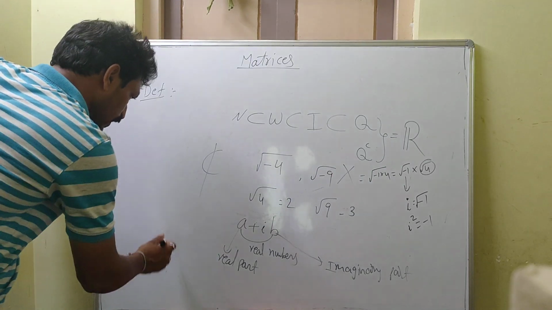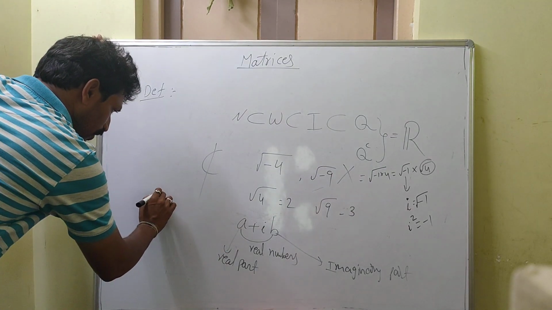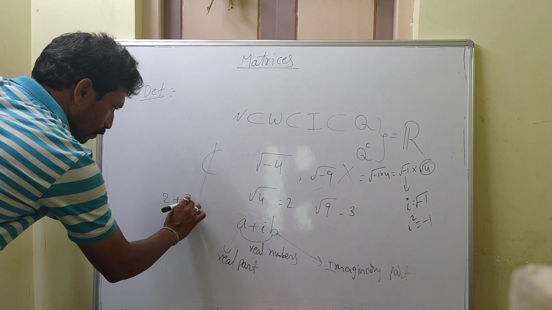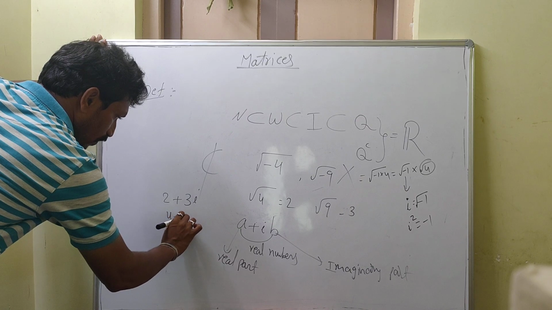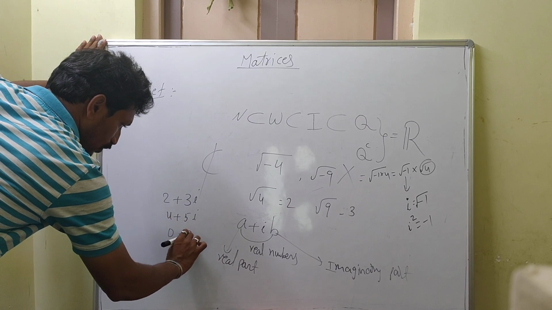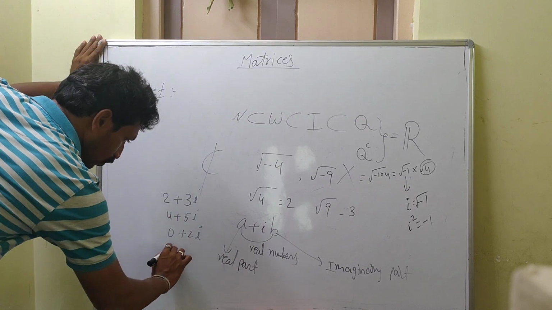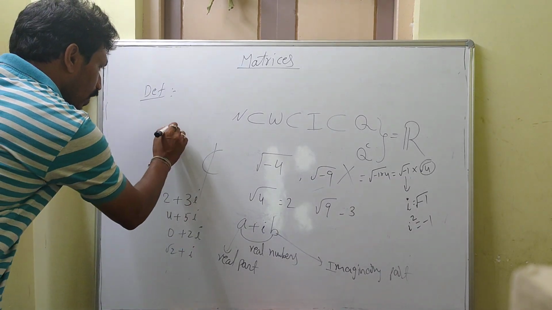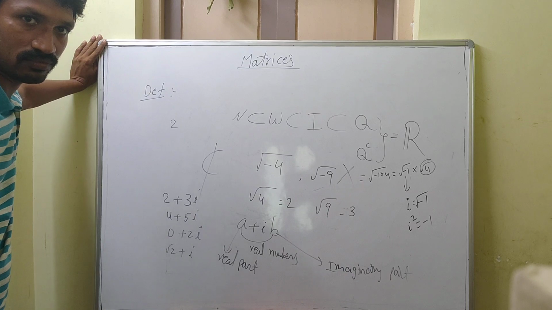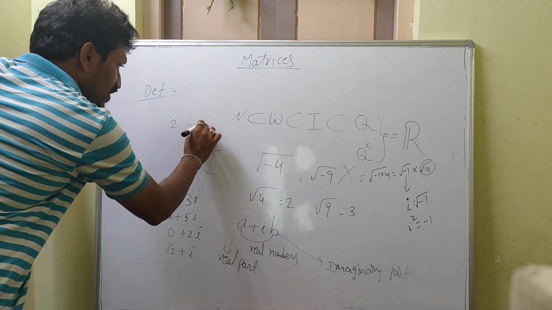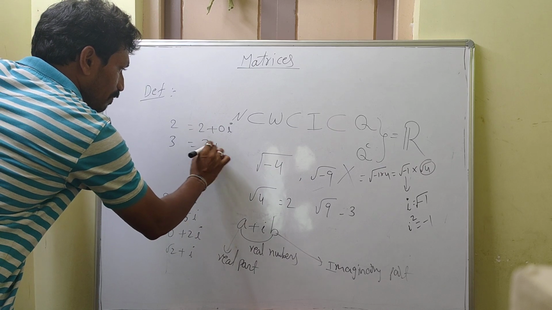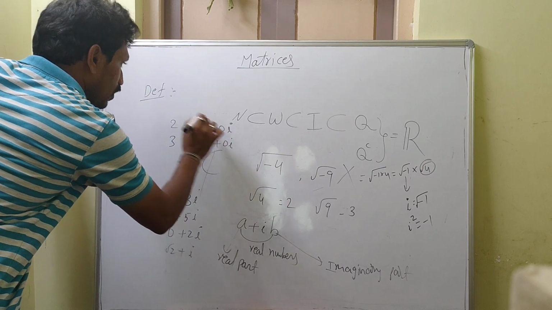Let us see the general form a plus ib. Expressions you can write: 2 plus 3i, 4 plus 5i, 0 plus 2i, or root 2 plus i. Whenever you have 2 as a number, you can write it as 2 plus 0i. 3 you can write as 3 plus 0i.